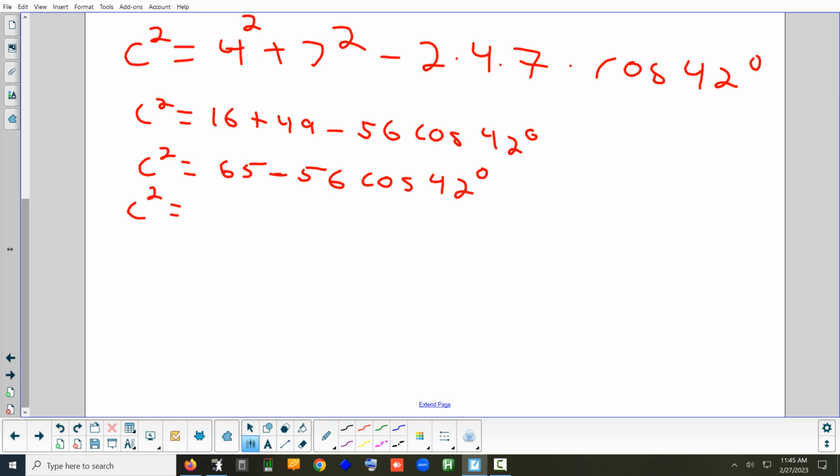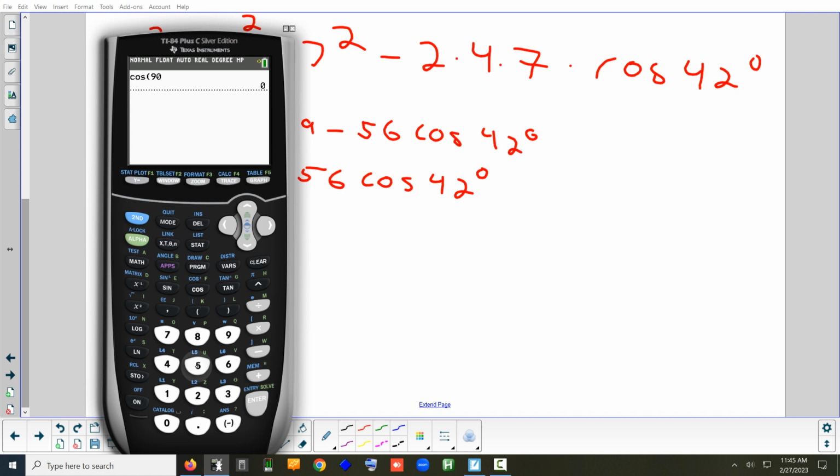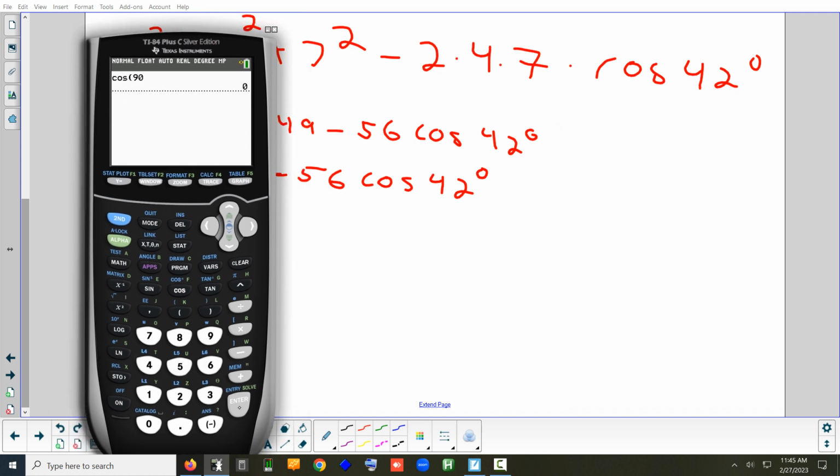Well, could you do 65 minus 56 times 3? Oh, no, never mind, I forgot. Yeah, you can't do this subtraction until you do the multiplication first. So let's handle the multiplication first. 56 cosine 42, and that's 41.616.